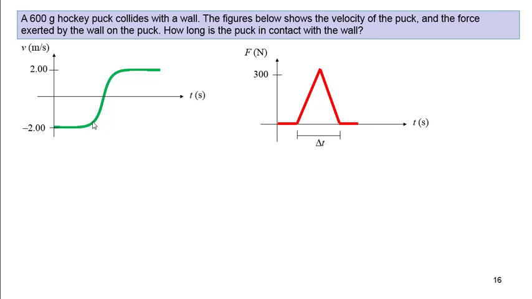When my velocity changes, it's because there's a force acting on me, and that force is changing my velocity. At this point right here, where my velocity is 0, that's when the object is at rest. That's when that force is at its maximum. And then here my velocity is complete, and now I rebound, and I happen to be rebounding with the same speed I came in at, just in a different direction.